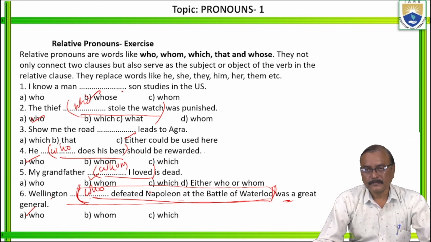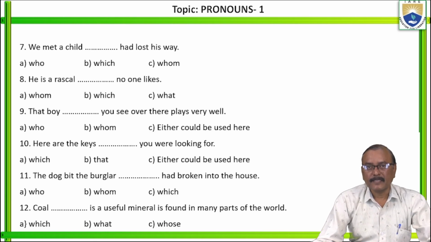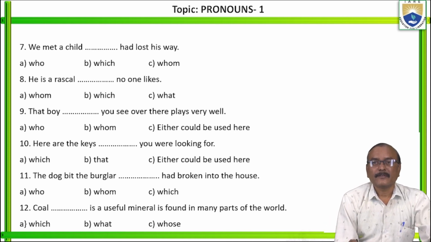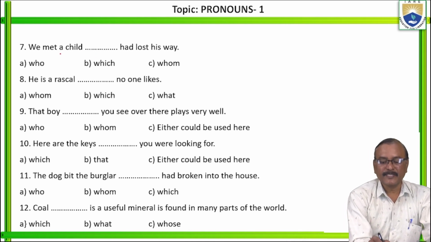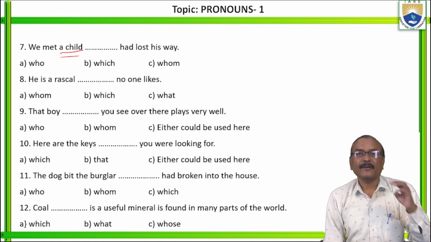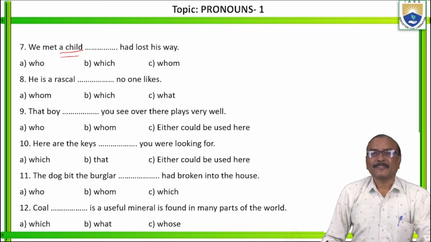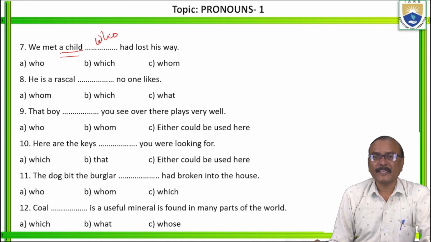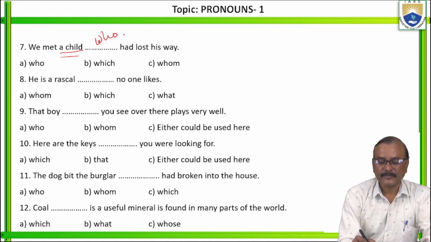Okay. Next, we met a child. Child is okay, no gender. Is it clear? Child has no gender. So you can say who or which. If you take it as neutral gender, which.